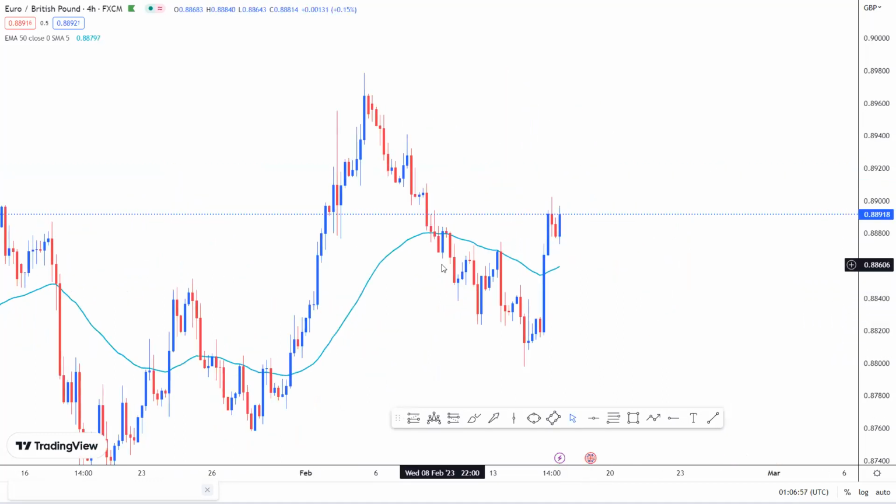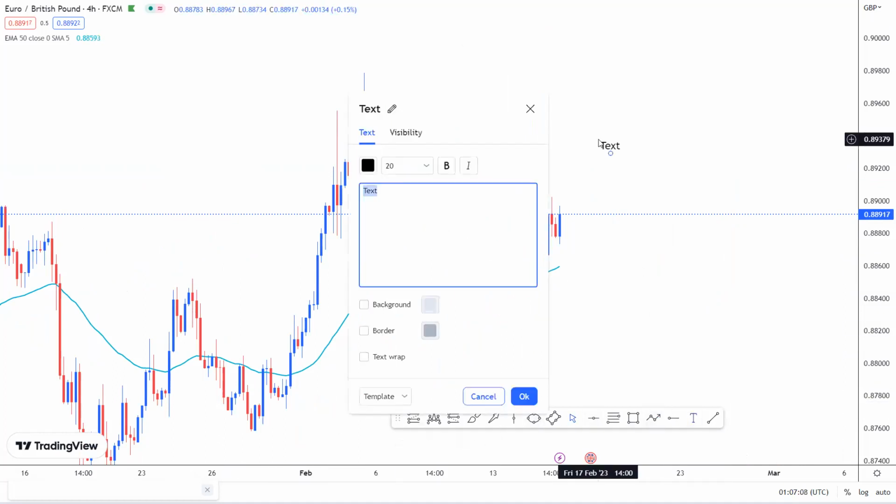All right, the first step to finding trade opportunities, you need to understand whether the market is bullish or bearish. And that takes us to market structure. What is the market doing?